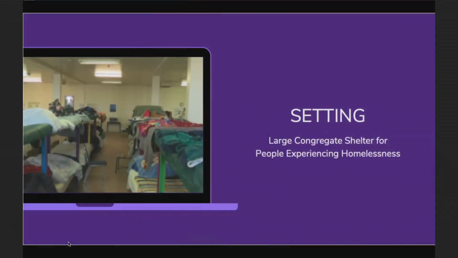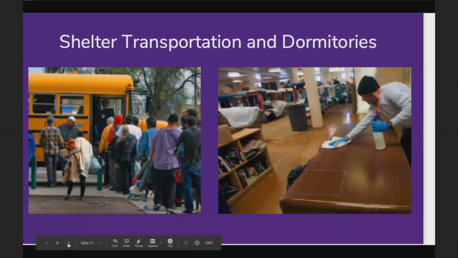I'm going to share with you a little bit about what we did in the time of COVID using the CBPR model. The setting that I work in is a large congregate shelter for people experiencing homelessness. This shelter is about half an hour away from the city, so people are being bused in and out of the shelter every day.